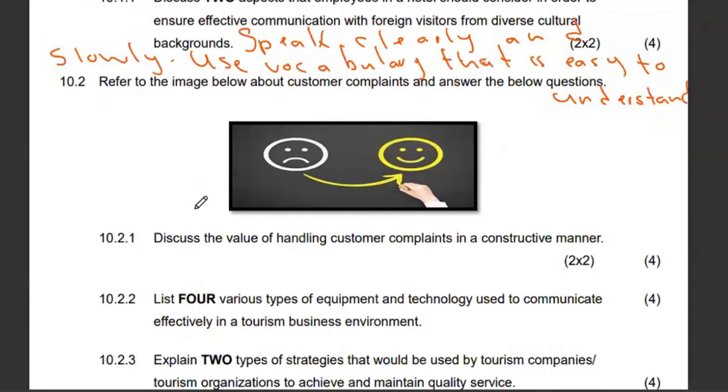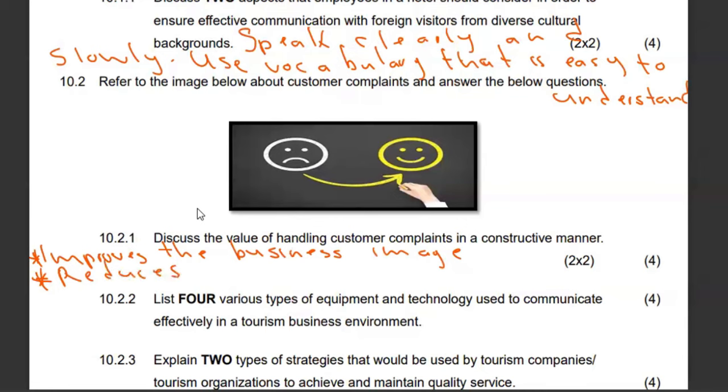10.2.1, discuss the value of handling customer complaints in a constructive manner. So when you handle complaints in a constructive manner, it improves the business image. Then in addition to that, it reduces the marketing budget.